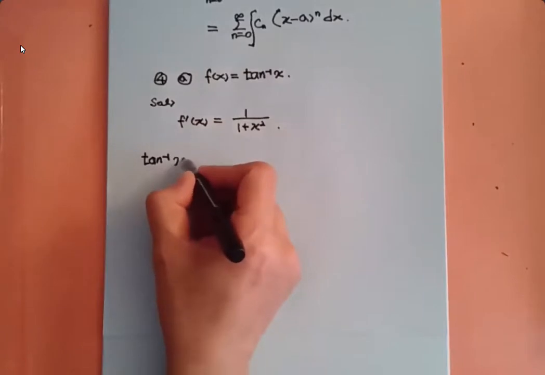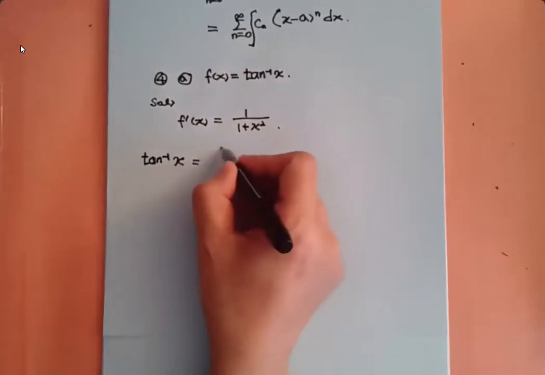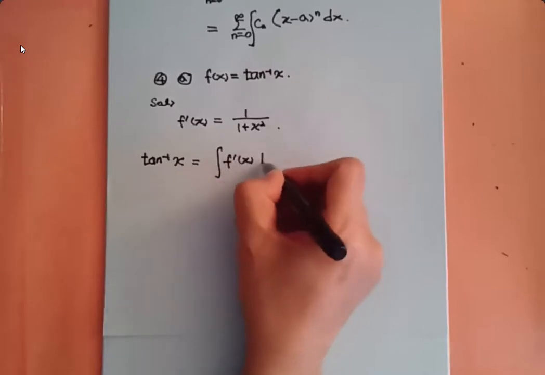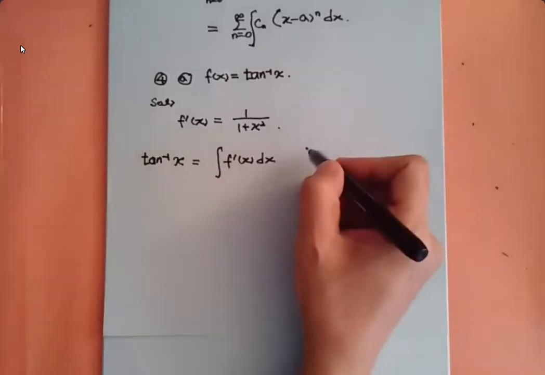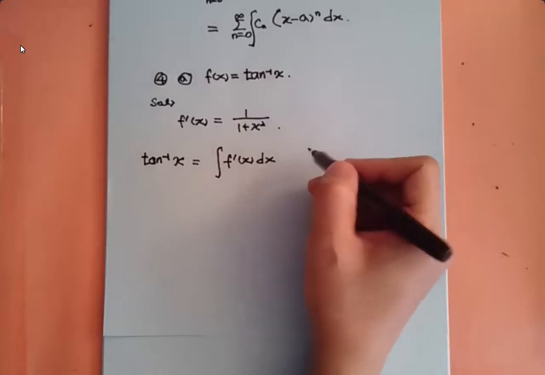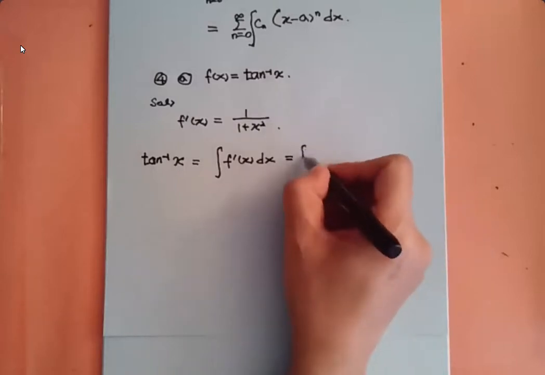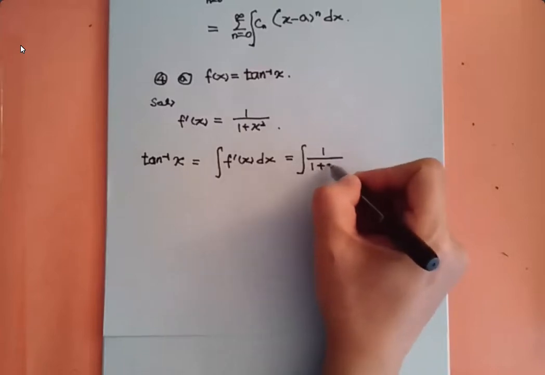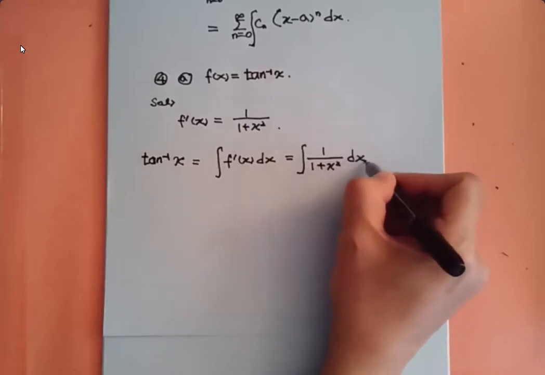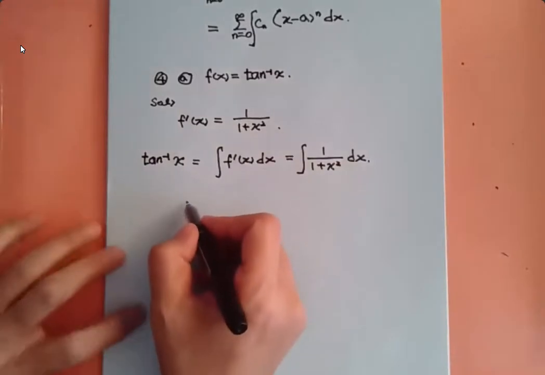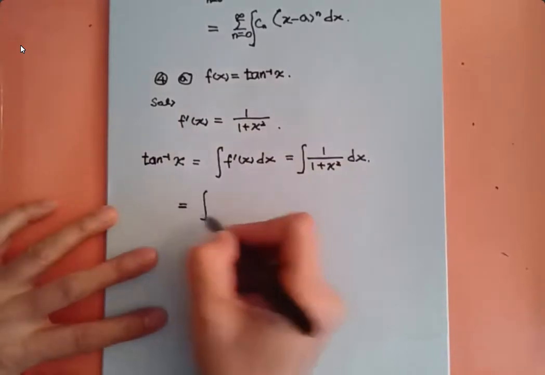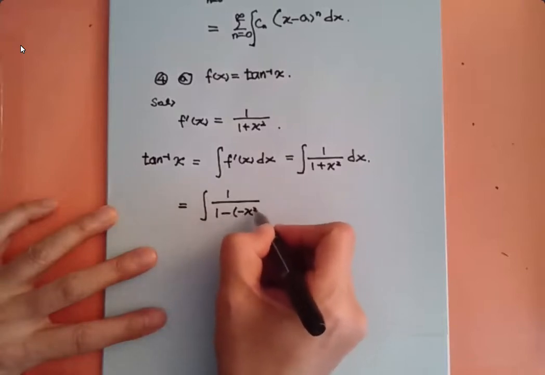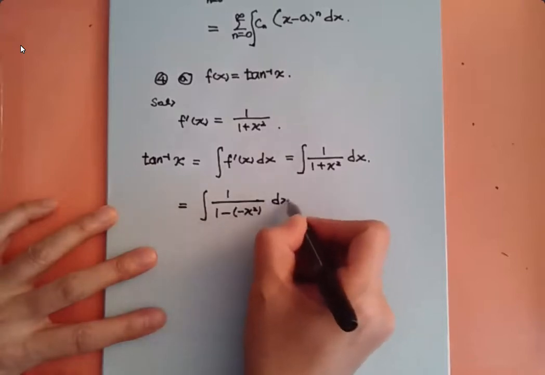That means tangent inverse can be written as the integration of f prime of x dx. So that is the integration of 1 over 1 plus x squared dx, which equals the integration of 1 over 1 minus (negative x squared) dx.